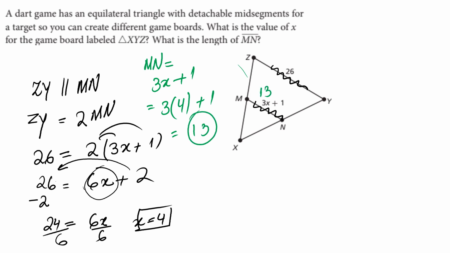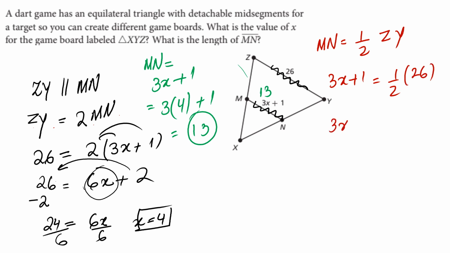Now I solved this question like this, but a few students may not like this method or want to use another method. Like I wrote that ZY is 2 times MN, some people say that MN is half of ZY. It's also correct. So how do they do it? MN, which is 3x plus 1, is half of ZY, which is 26. 3x plus 1 equals the half of 26, which is 13.